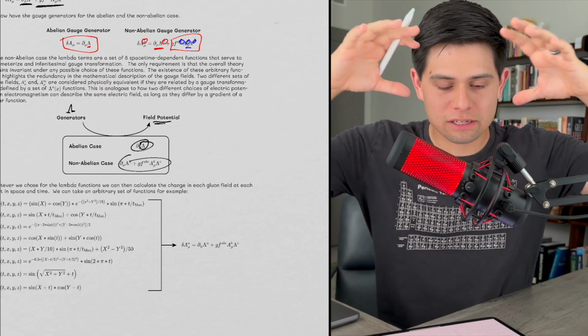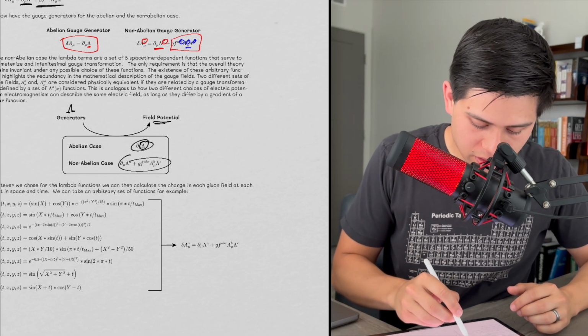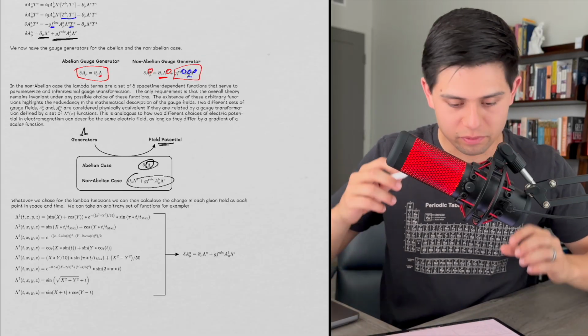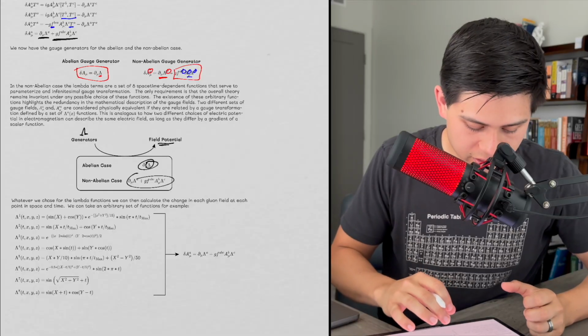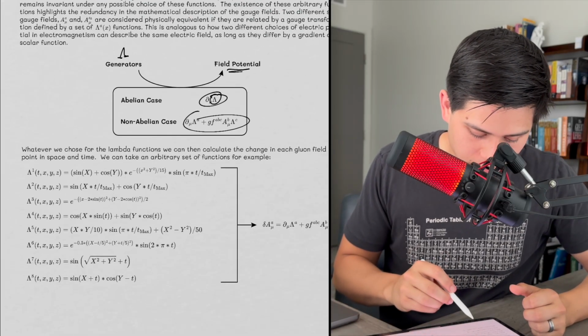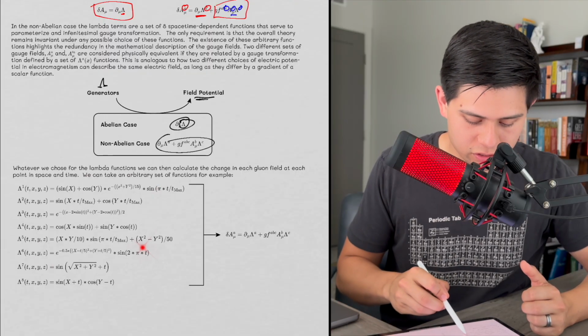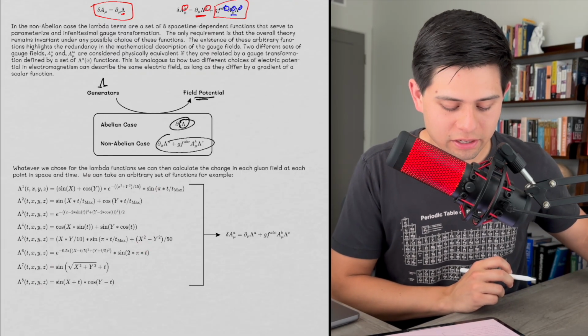It's making it so that the physics remains invariant. But here in the non-abelian case, we have 8 of them, and they're all sort of interacting with each other to make sure that the physics remains invariant. And these are just examples, an example set of arbitrary functions. These are the functions that I used in the animation at the beginning of this video.